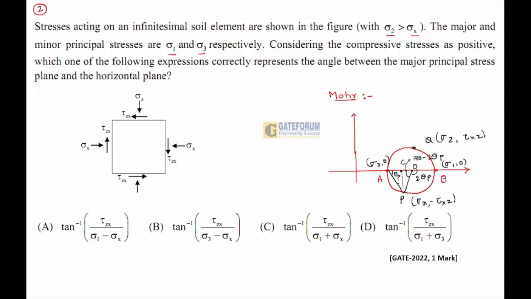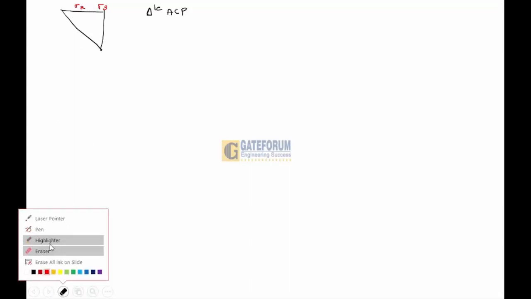Whenever I consider triangle ACP, this is the triangle. When you consider this triangle, this side is sigma x minus sigma 3.